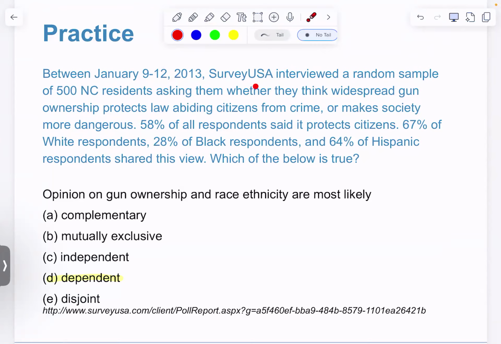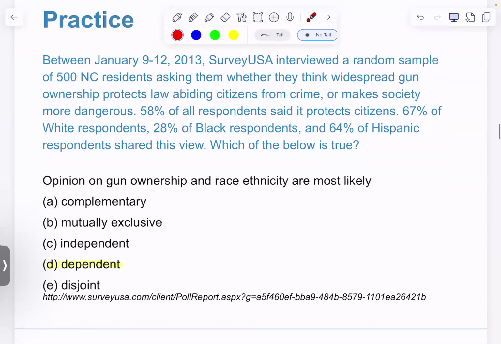Survey USA interviewed a random sample of 500 North Carolina residents, asking them whether they think widespread gun ownership protects law-abiding citizens from crime or makes society more dangerous. Feels like a leading question to me, so that's kind of bad. But anyways, I don't know how else you'd ask it. 58% of all respondents said it protects citizens.